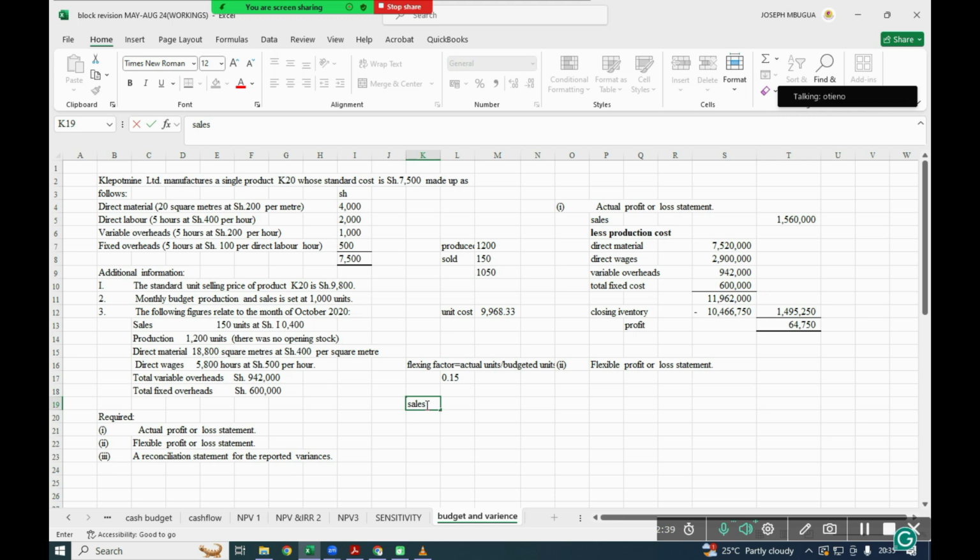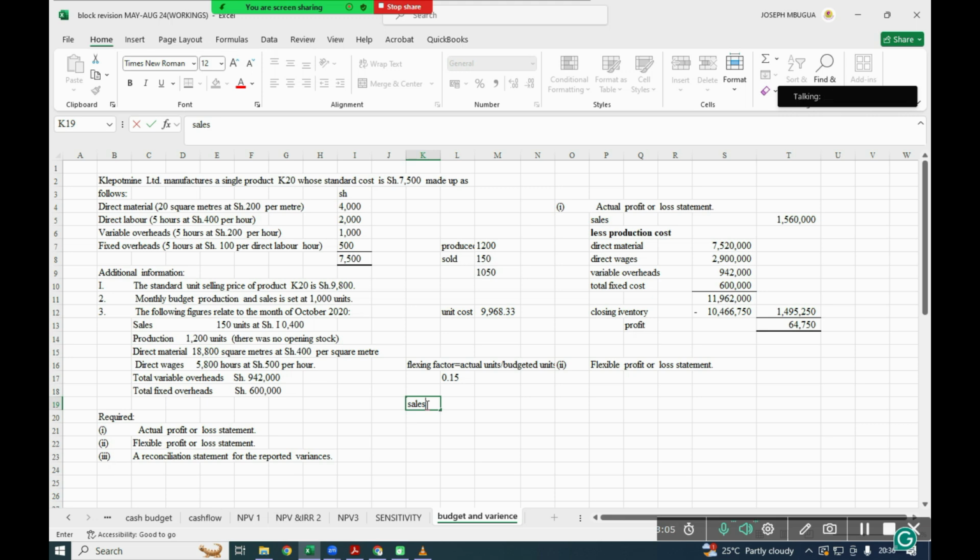Is this flexing factor normally based on the number of units produced only, or can it be based on other factors, maybe the expected sales over actual sales? Okay, so which question are you using, the units produced or maybe the other factor?